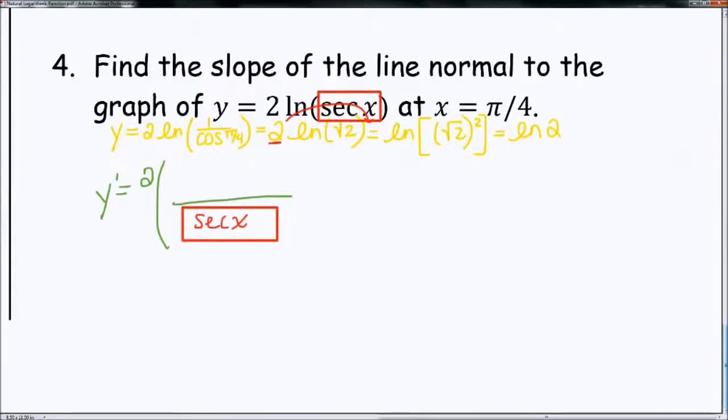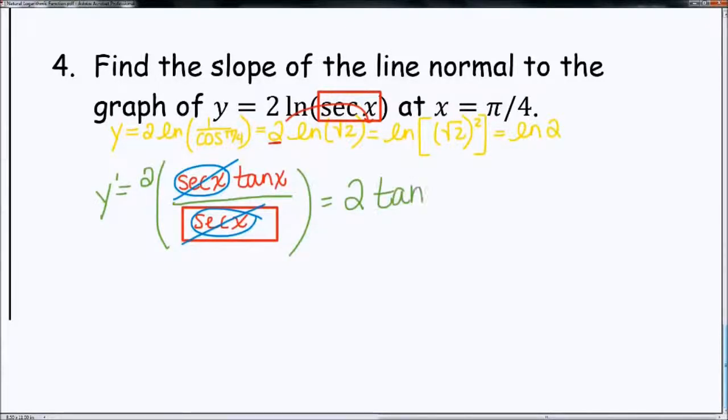And the derivative of secant is secant tangent. So now, if you notice, I have secant divided by secant. Well, these guys just cancel. So what I really have is equal to 2 tangent of my x-coordinate.